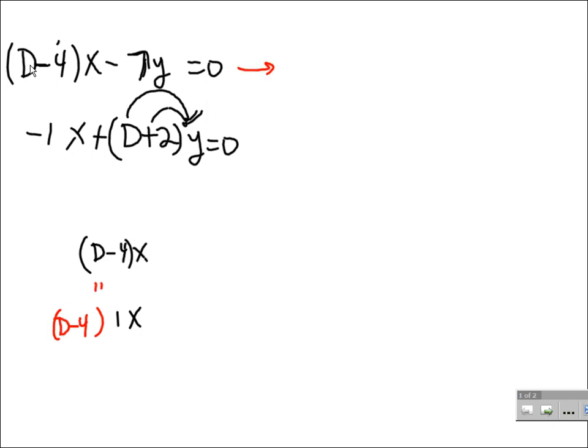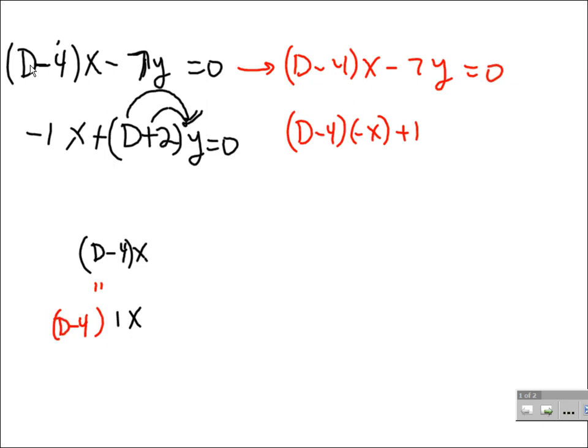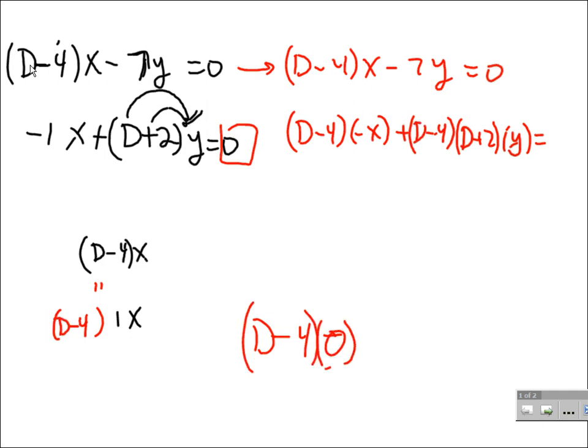So I'm not going to do anything to the first equation. And I'm going to do D minus 4 on negative x plus D plus 2 of y, and I'm also going to do D minus 4 of 0. Well, the derivative of 0 is 0, and 4 times 0 is 0, so I still get 0.